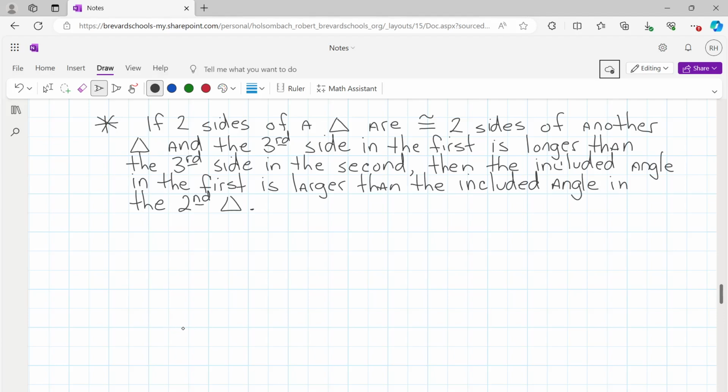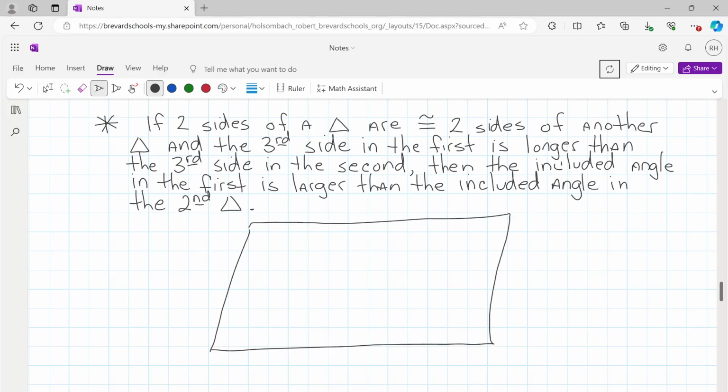So let's take something like this quadrilateral. We'll label it ABCD.